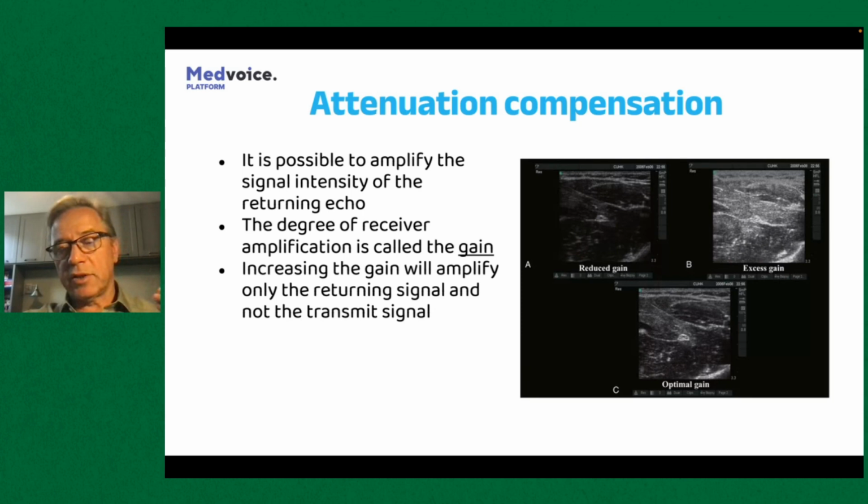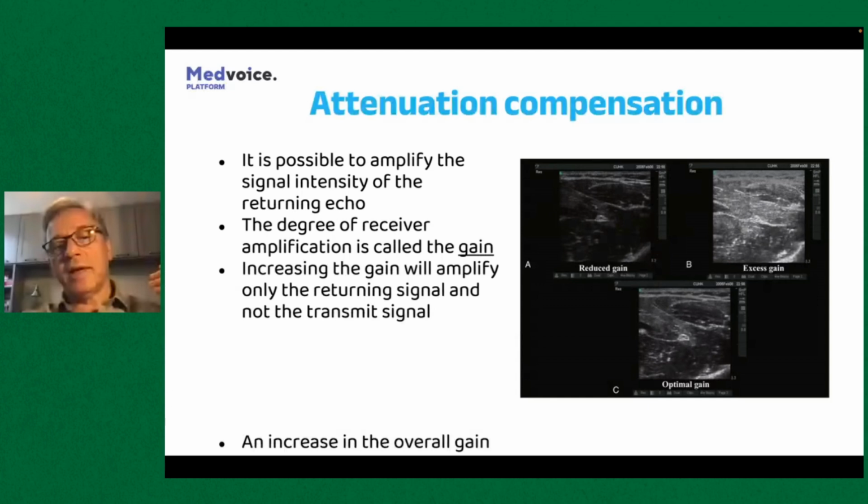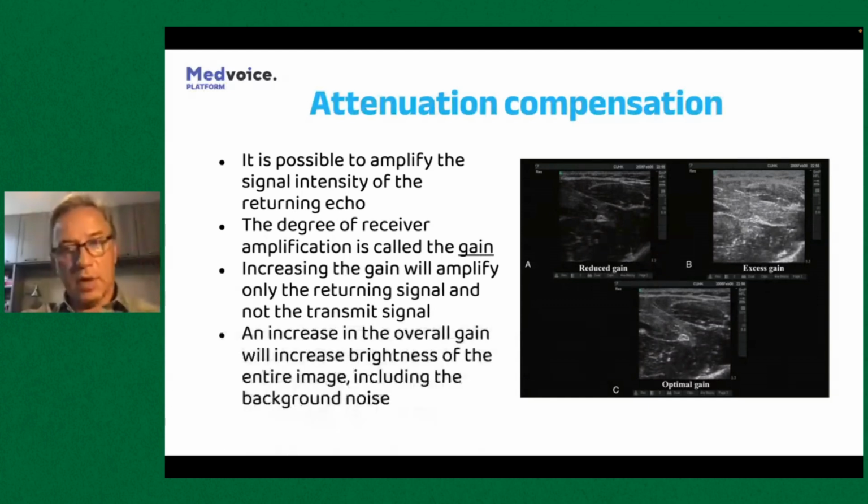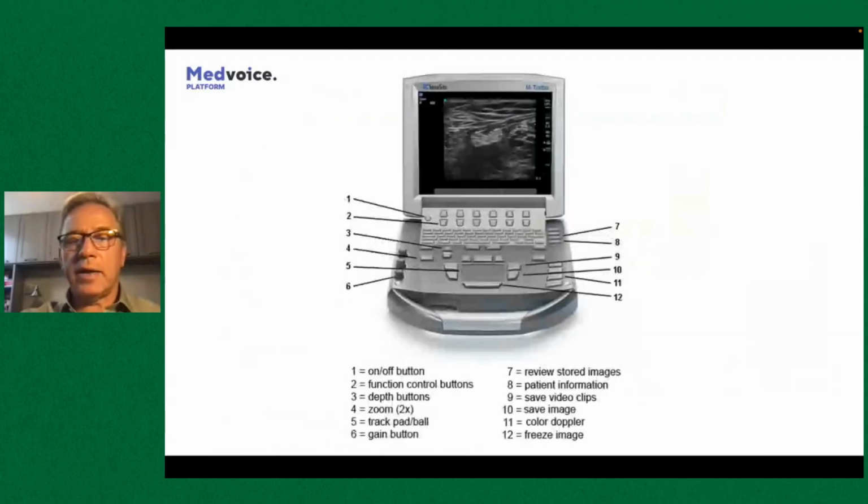Only the echo will be amplified, and that increase of the overall gain will increase the brightness of the entire image, including the background noise. On the machine, number 6 here is the gain button. All you have to do is turn this button to increase the gain, the receiving signal, the echo, and you will start seeing structures better.